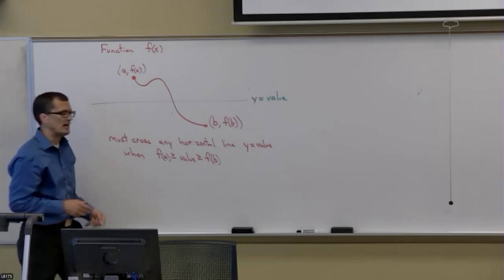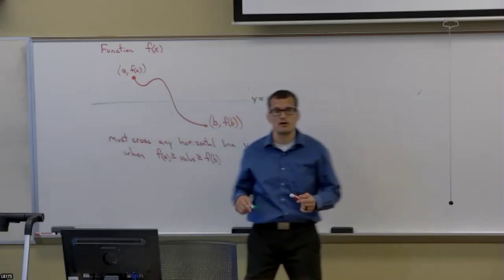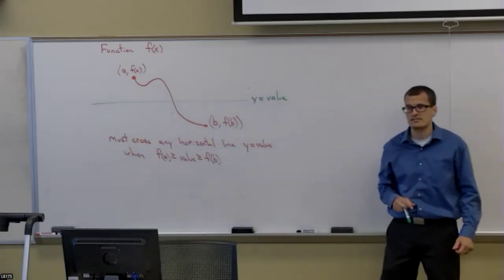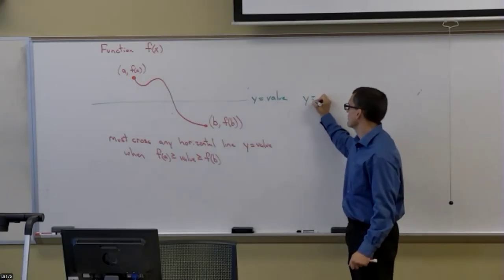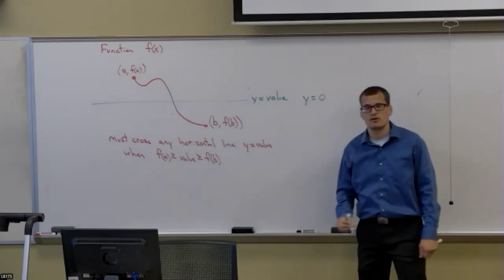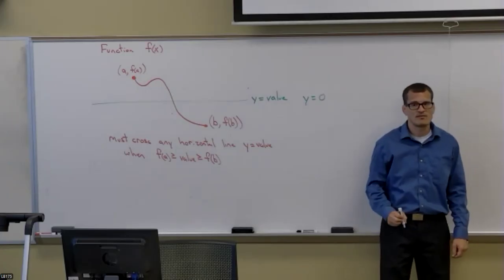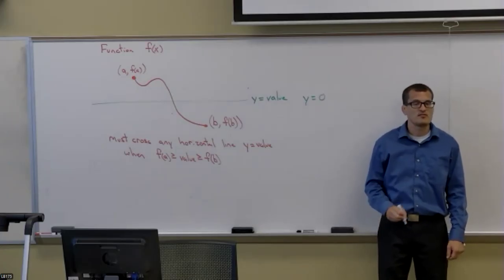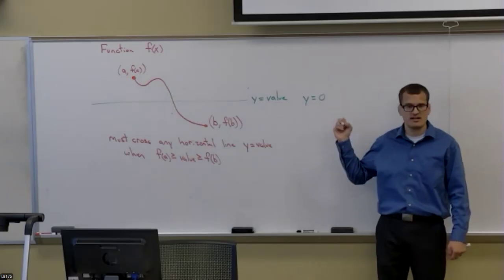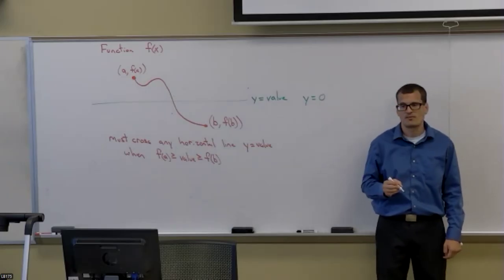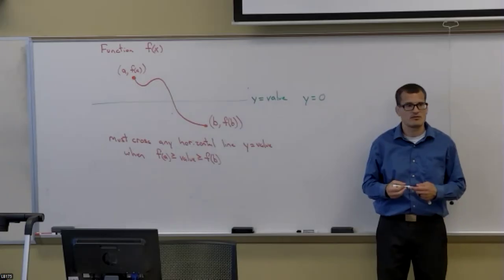And you know what value we're going to use when we're looking for x-intercepts? We're going to look for the value to be 0. Because if I have y equals 0, that means I have to cross the x-axis. You okay with that?